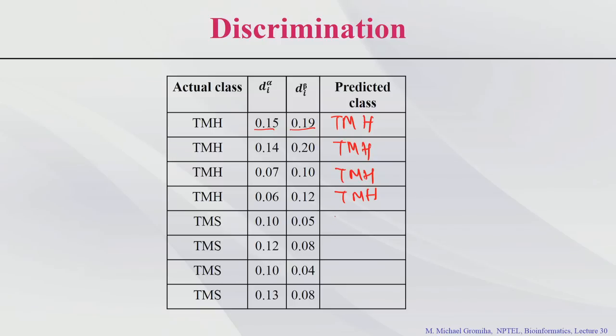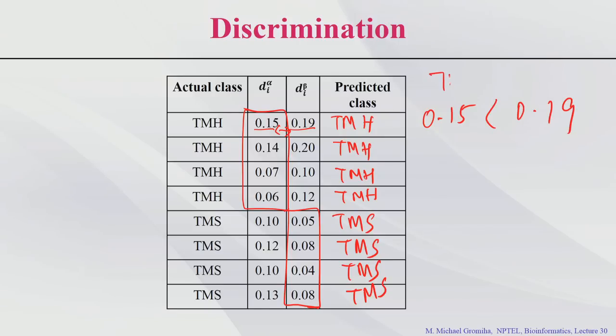This one? TMS, TMS, TMS, TMS, because this is less here. Compare these two numbers and see which one is less; that is the predicted class, because 0.15 is less than 0.19, so this is TMH. We assign the class TMH.